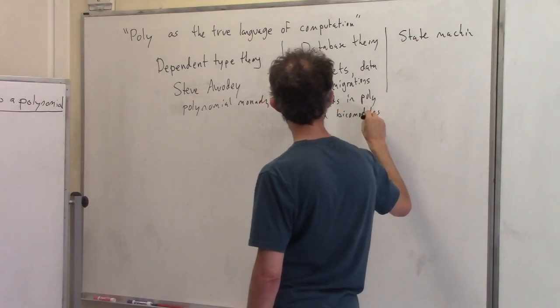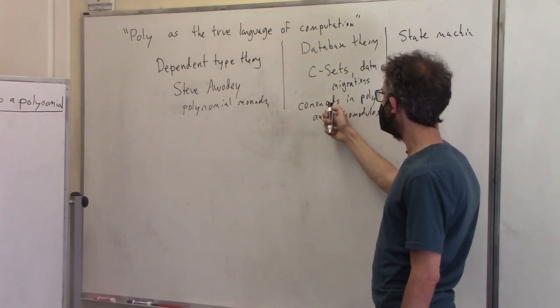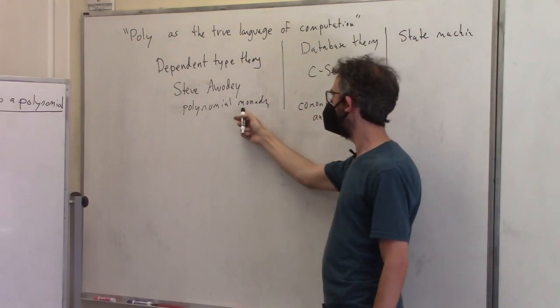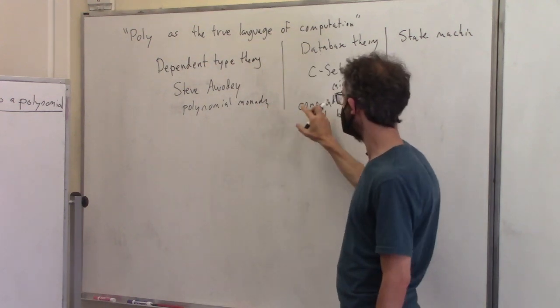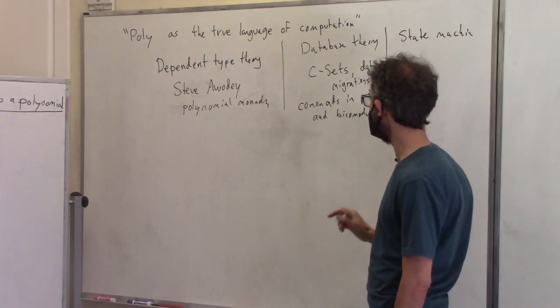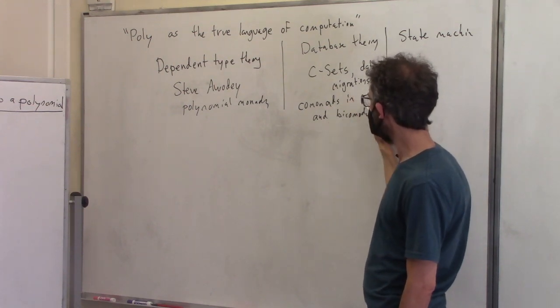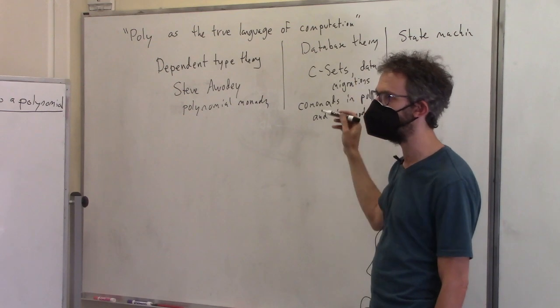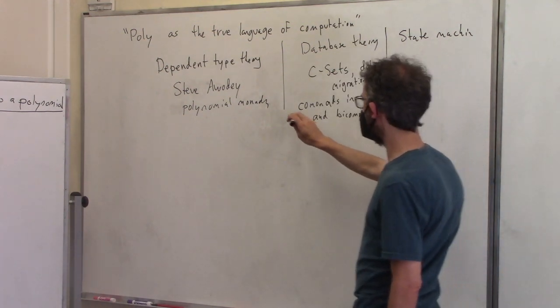Now you could ask, what are all these fancy words? But in any category with a monoidal product, you can talk about monoids, comonoids and bicomodules, and if you do that in Poly, you get categories and data migration functors. So they're words that a category theorist already knows.